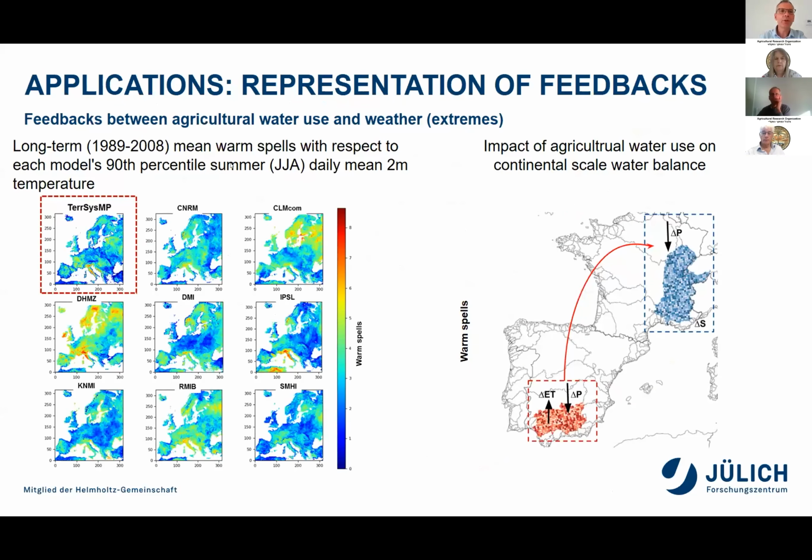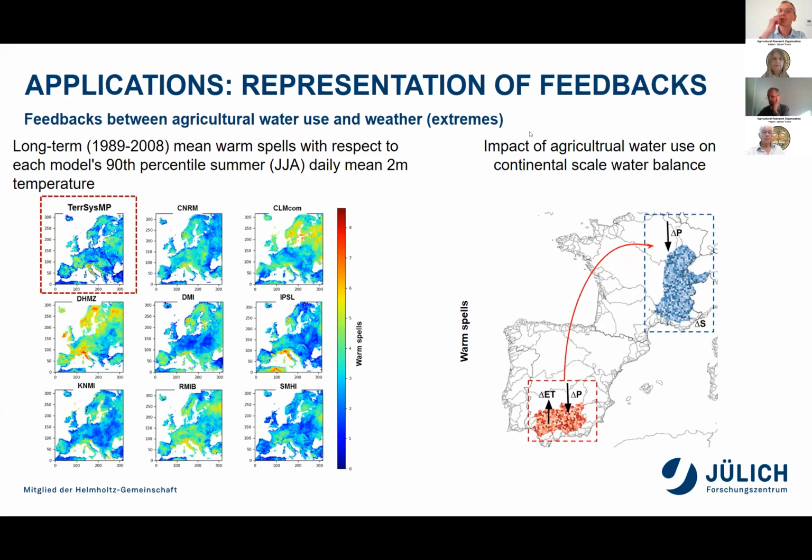These kinds of models can be used to evaluate and investigate feedbacks between, for instance, agricultural water use and weather conditions. The left side shows you the impact of groundwater tables that are influenced by agricultural water use, and the air temperature and duration of heat waves during summer in future climate scenarios.